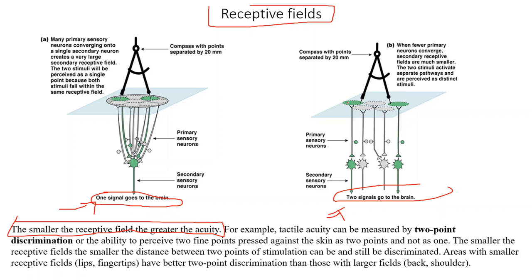This primary sensory neuron, which is actually covering this field, is connected with one neuron. In this other one, the green ones are the ones being stimulated, so it's two-point discrimination. You see how in this case these two have dedicated secondary sensory neurons that will send two separate messages to the brain.